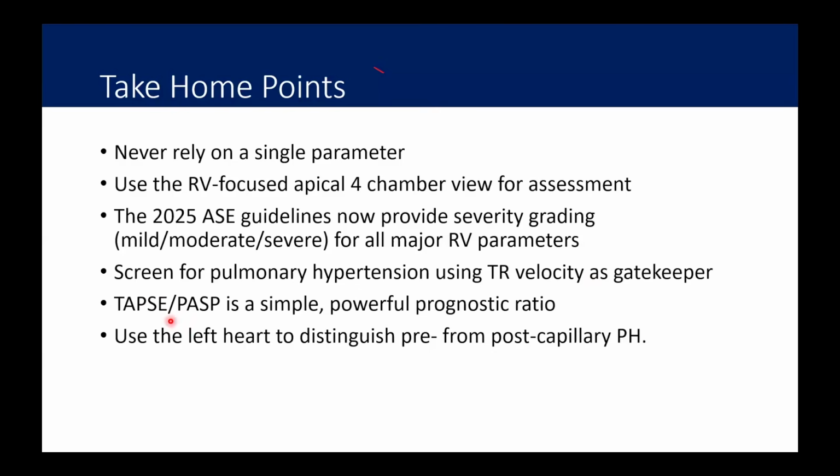Remember that your TAPSE to PASP ratio is a powerful prognostic ratio, and a signal that you might have RV-PA uncoupling if low. And in terms of phenotyping pulmonary hypertension, use your left heart to try to distinguish if it's pre versus post capillary hypertension. But just remember that this is non-invasive and it doesn't replace the right heart cath itself.